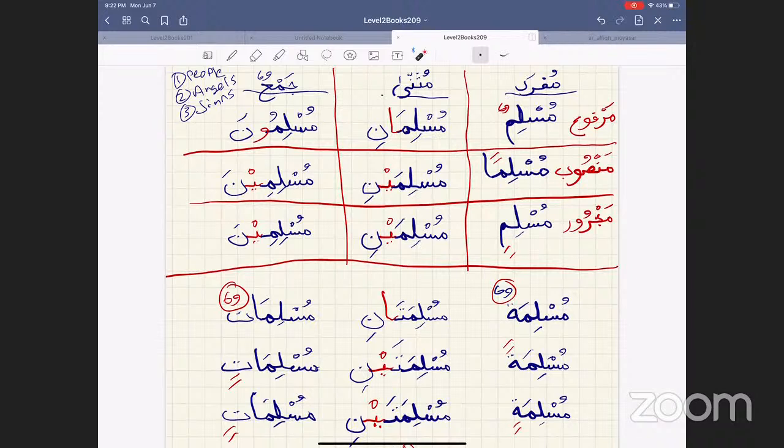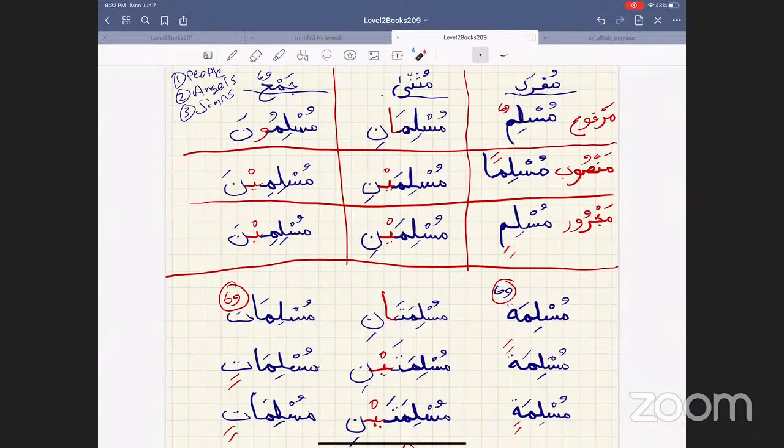Then we get into jam'un mudhakkar salim. Jam'un means plural, and we know it is 3 or more people. Anything above 2 is plural in the Arabic language. However, this chart with these additions at the end only applies to, number 1, people. You can't put una, ina, or ina on non-human beings.